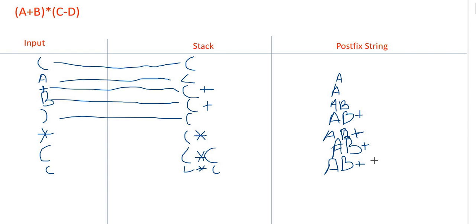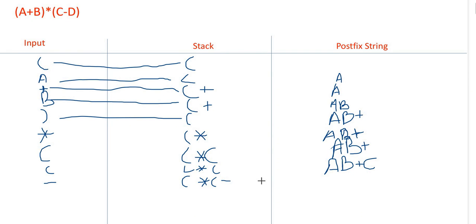A B plus C. Okay, after that minus will be here. Minus has more precedence than this opening bracket, the opening parenthesis. Here it will be pushed into the stack.